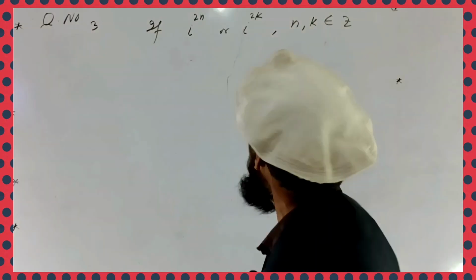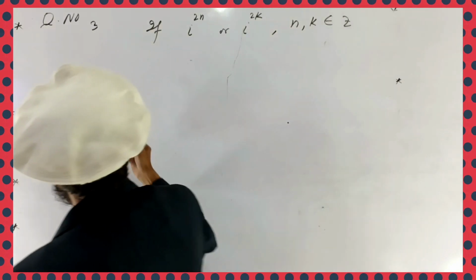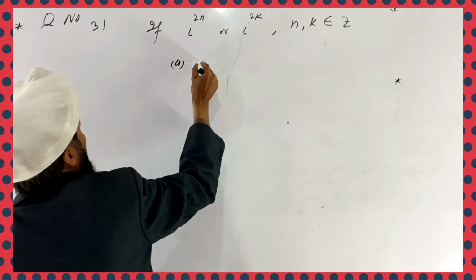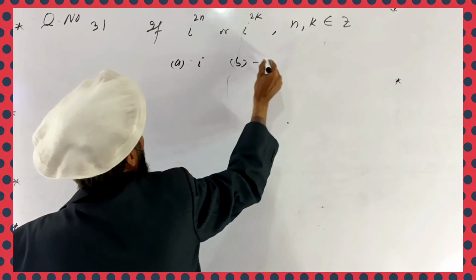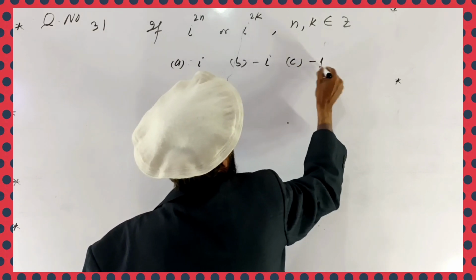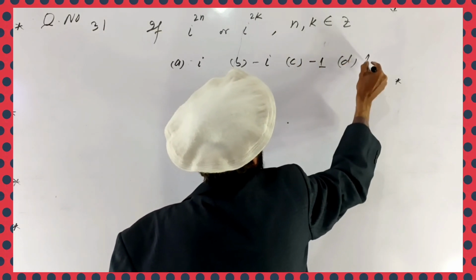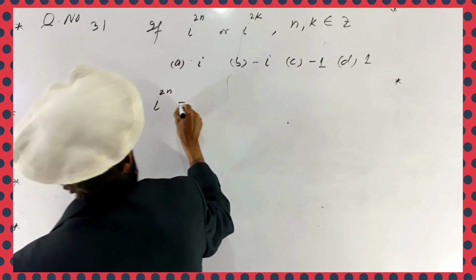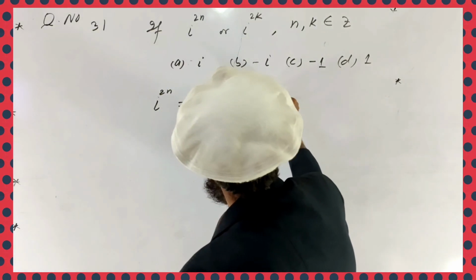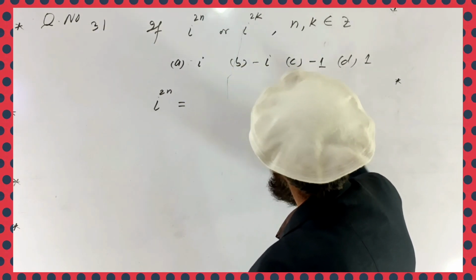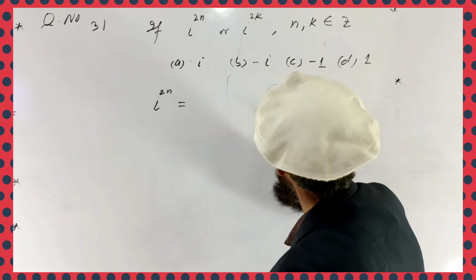And 2n is an even number and belongs to Z. What is the result of iota to the power 2n or iota to the power 2k? Options: iota, minus iota, minus 1, plus 1. Look here, iota to the power 2n, so 2n and 2k are both even numbers.